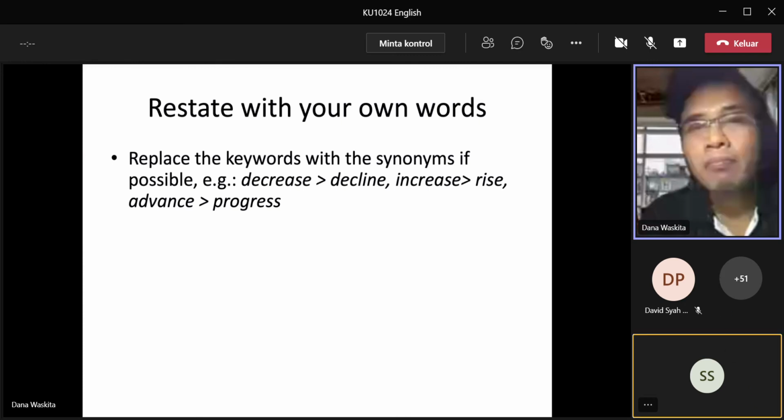Especially the proper noun. Nama diri, like the name of city, for example. Can you replace Bandung with some other words? Bisa nggak itu Bandung misalkan diganti dengan kata lain?